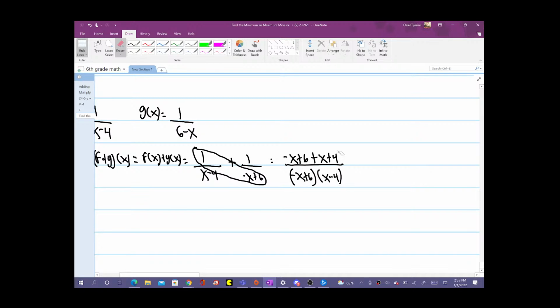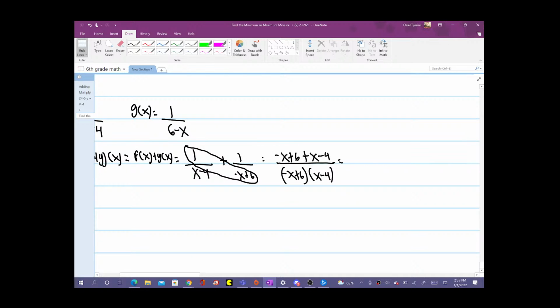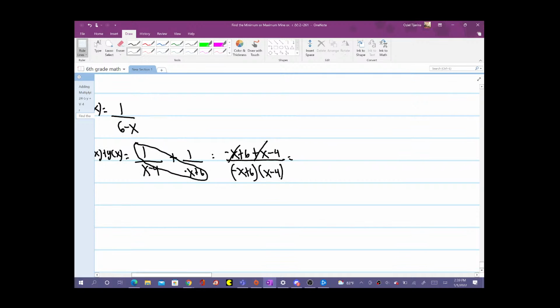Excuse me, it's supposed to be minus 4, not plus. So then the x cancels out, and then we have 2 divided by negative x times x minus 4. This is what f plus g of x is.